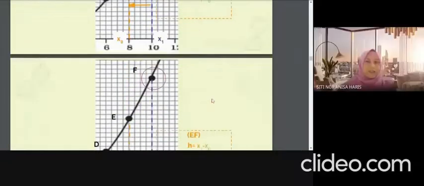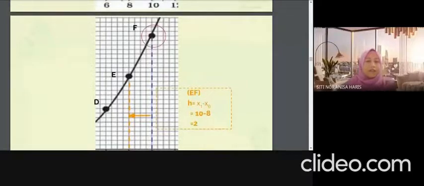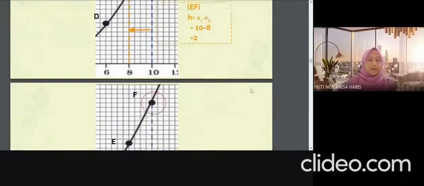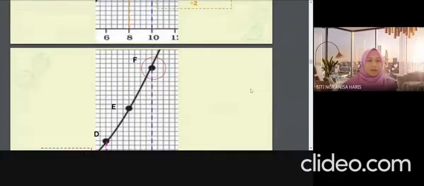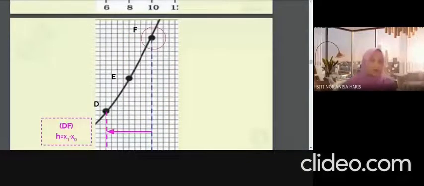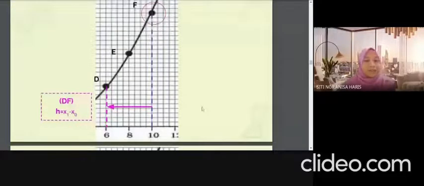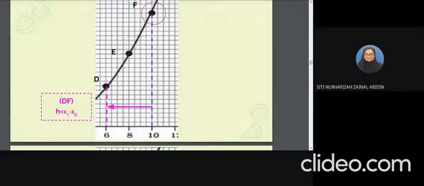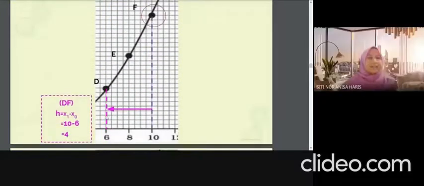Yes, the value of h for EF is 2. Next, for DF, what is S1? 10. S0 is 6. When we minus 10 with 6, we will get 4. Okay, good.